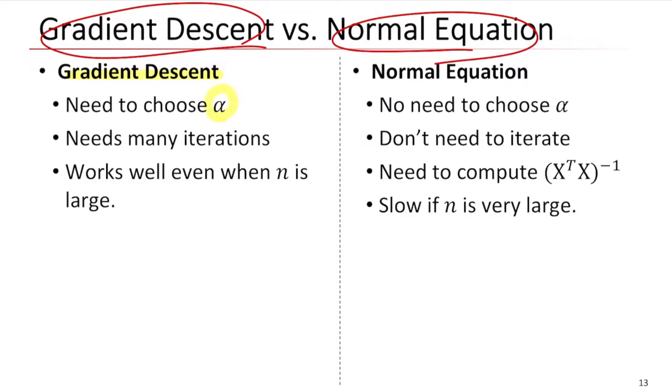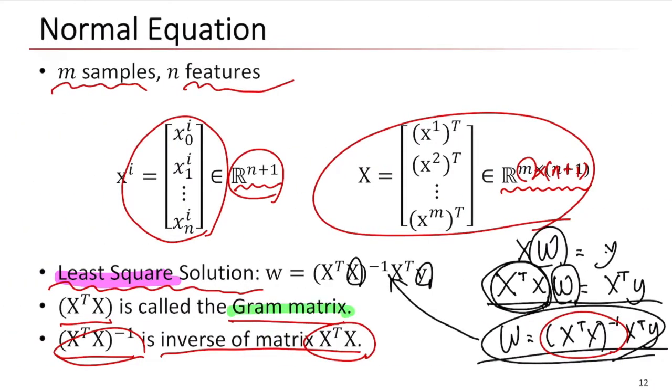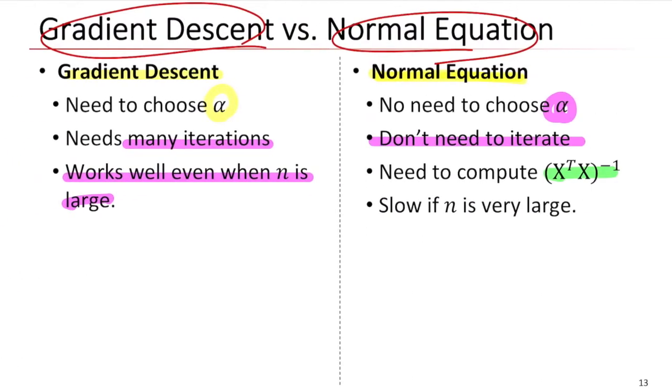It needs many iterations, but it works well when n is very large. Compared to this, with the normal equation we don't need the learning rate alpha and we don't need an iterative solver, but we need to compute the gram matrix and its inverse, and it will be very slow if n is very large.